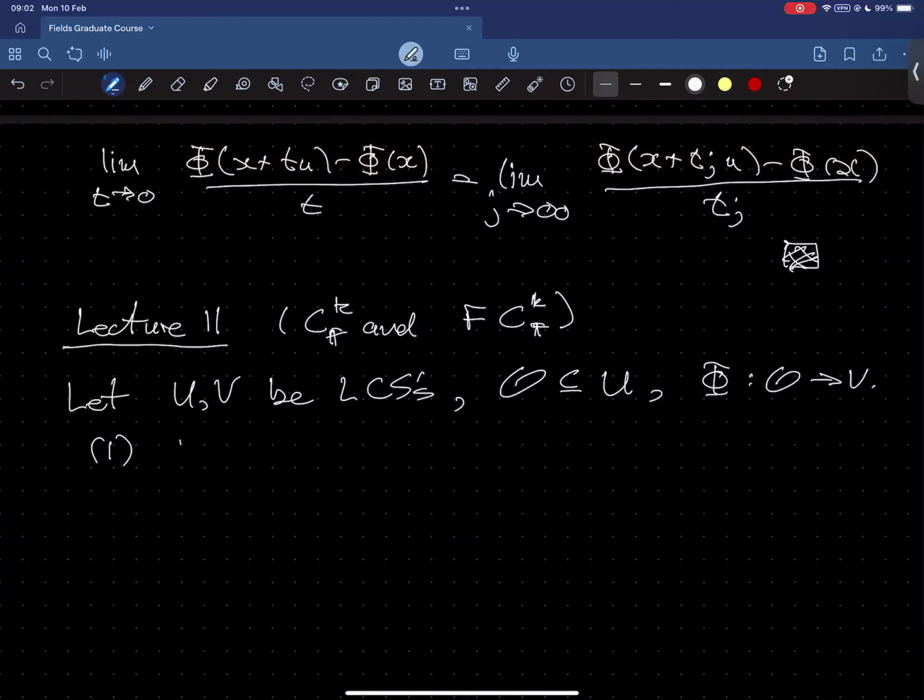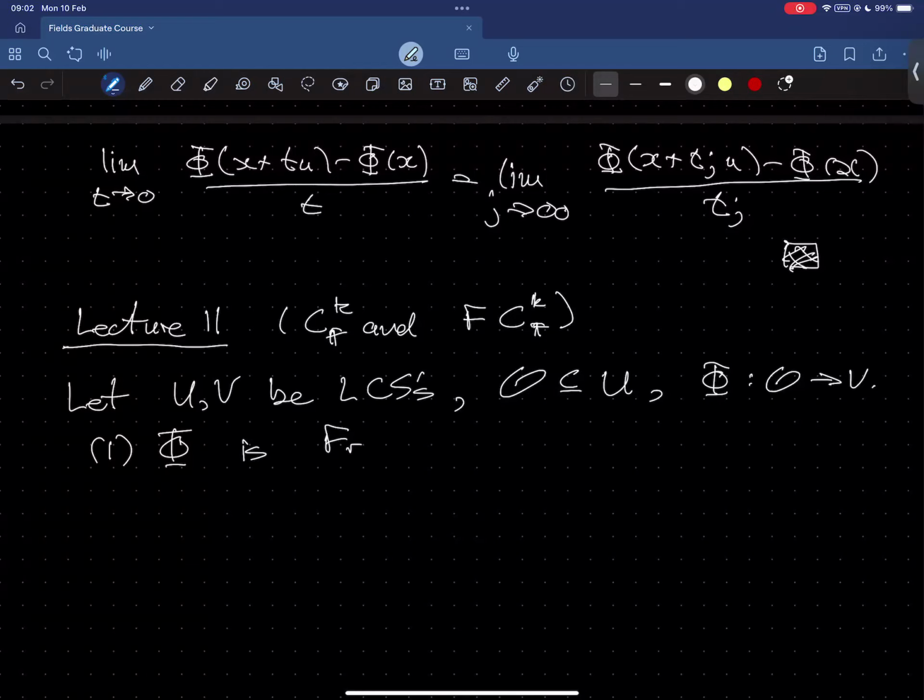So the first thing is the mapping phi is Frechet. So the F here stands for Frechet, and the Frechet derivative is the derivative that you know about already.